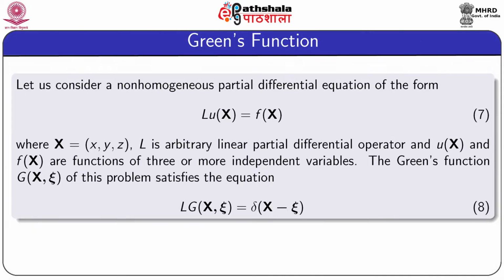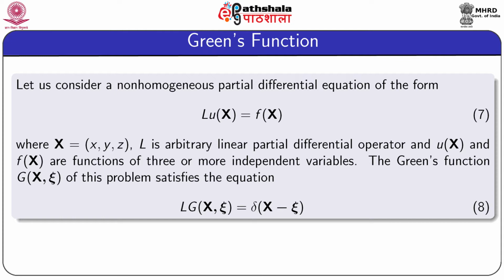Suppose we have a non-homogeneous partial differential equation which is written in equation number 7, L u(X) equals f(X), where capital X has components x, y, z, L is an arbitrary linear partial differential operator and f(X) is some known function, and we want to find the value of u(X) for which equation 7 is satisfied.